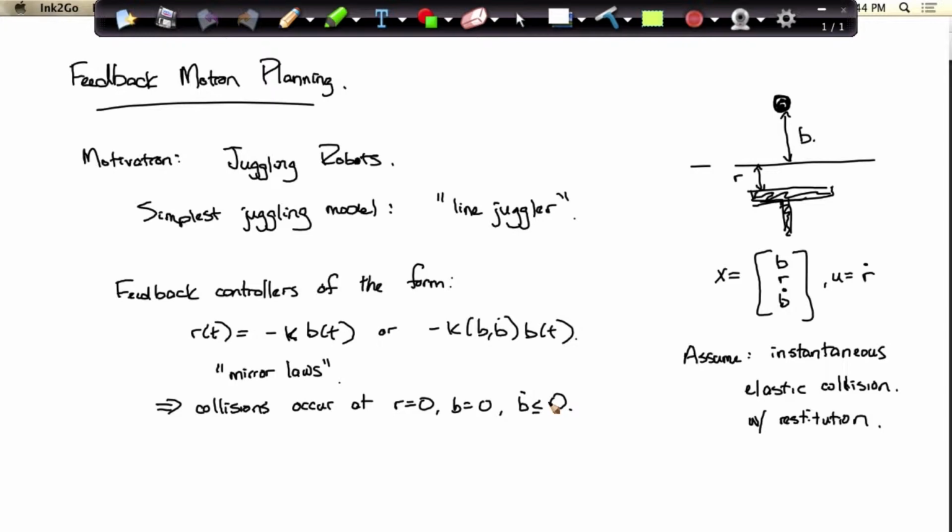And, not surprisingly, the real big win is that suddenly my high-dimensional dynamical system can be described completely on a one-dimensional Poincare map because of this. Right? So the whole state can be described, at the moment of collision, by just the value of b dot.